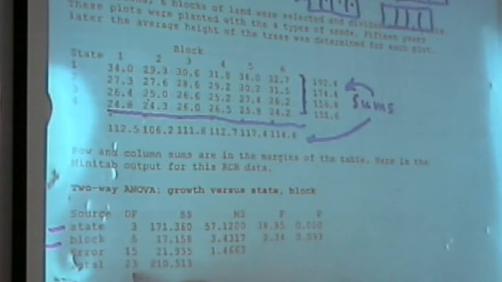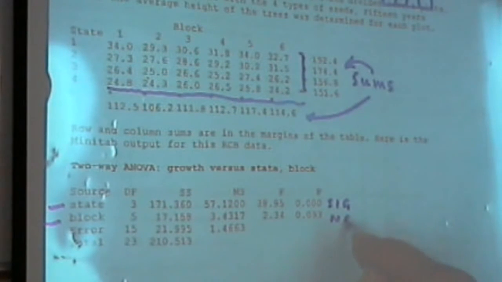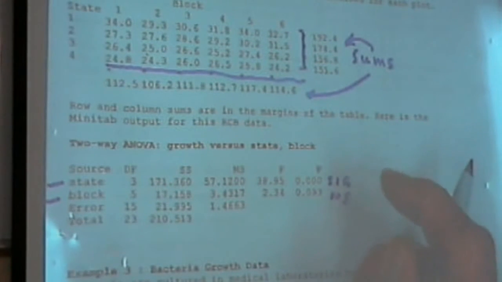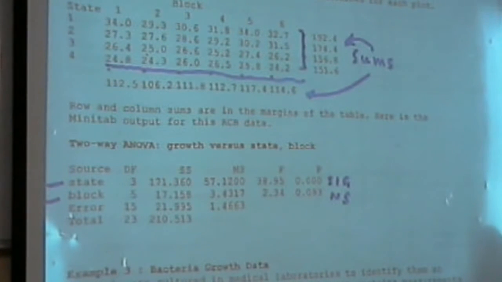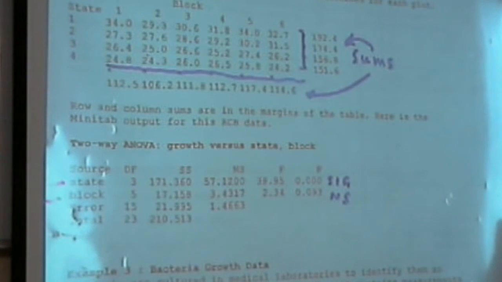So we have the appropriate degrees of freedom, the sums of squares, the mean squares, and 2 F statistics. This one is significant. This one is not significant. So we've identified that there's a significant difference due to state of origin, and there's not a significant difference due to the different blocks.